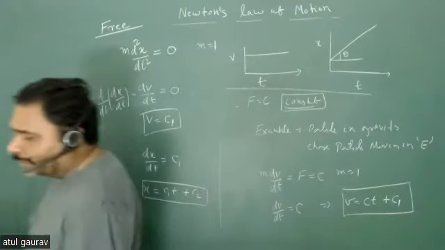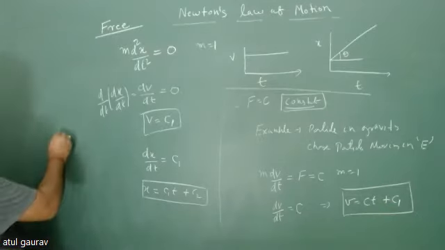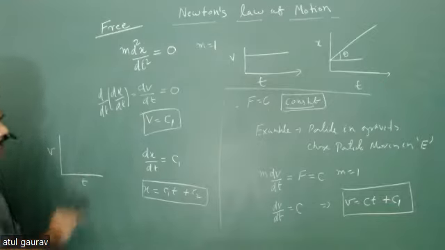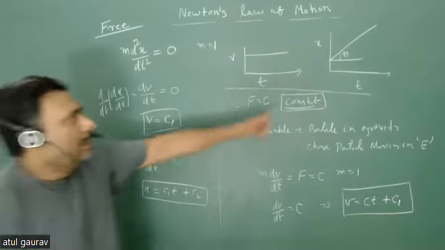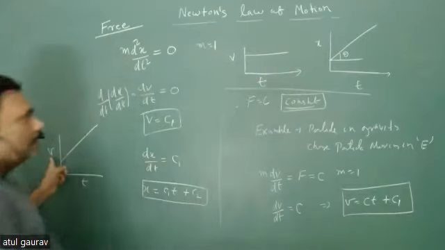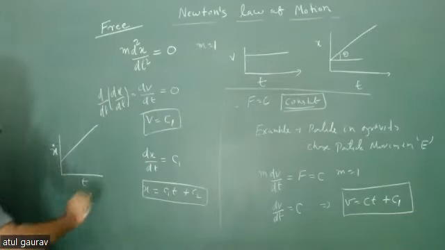Now look here, it's very interesting. What will be your v versus t? A straight line. When you are plotting v versus t, it is just something like this, isn't it? And now here you can say this will resemble the earlier one. Are you getting my point? Here I can plot x dot versus t.